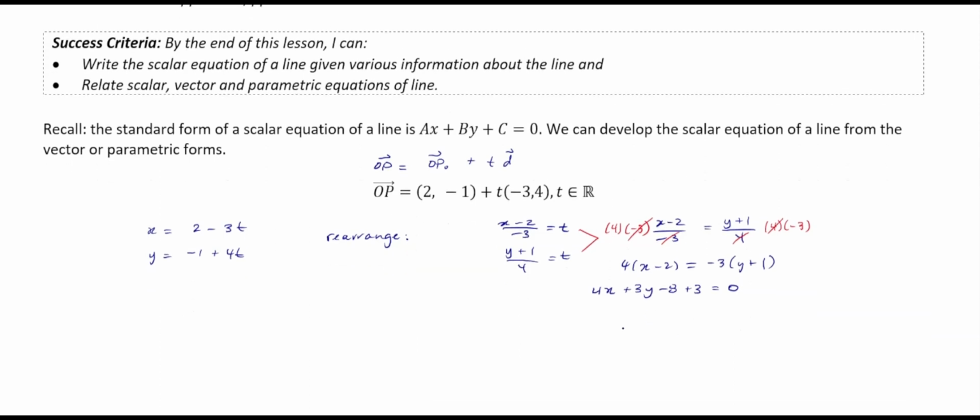Okay, so then I could say 4x plus 3y minus 5 is equal to 0. And as you can see now, I've got it in my standard form, ax plus by plus c is equal to 0. So that's my standard form right there. So we put a box around it.